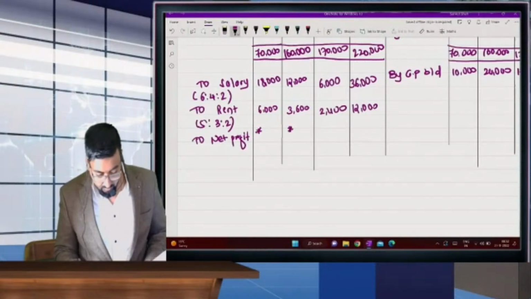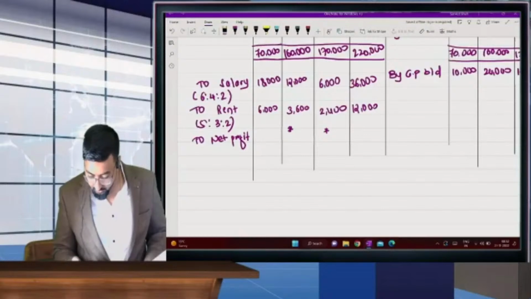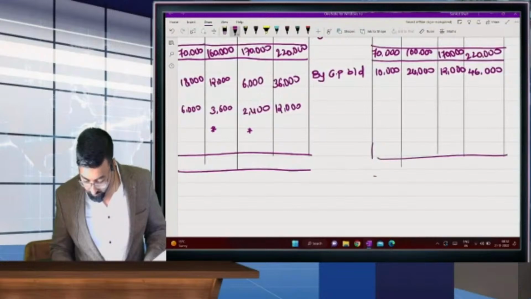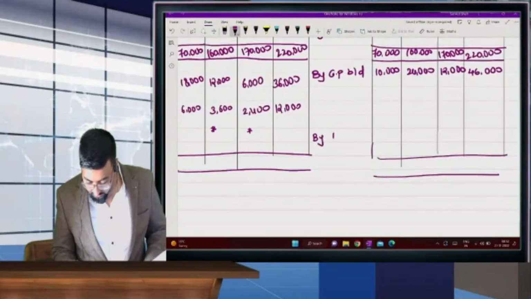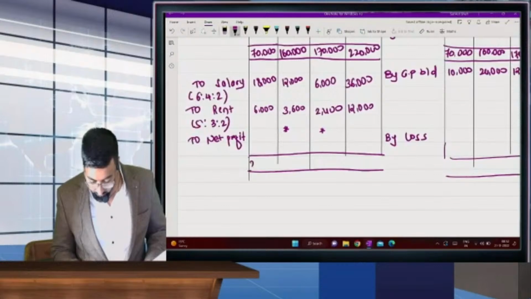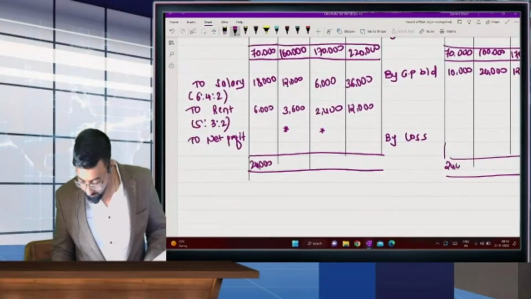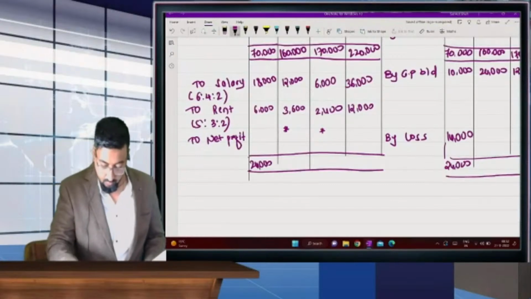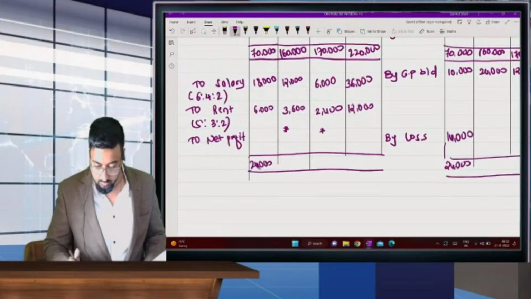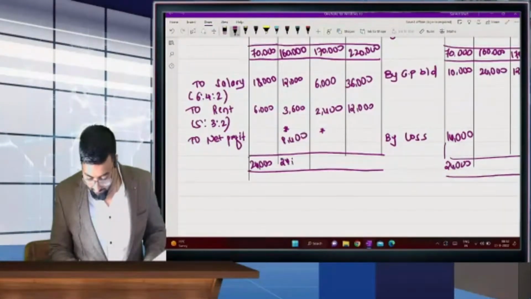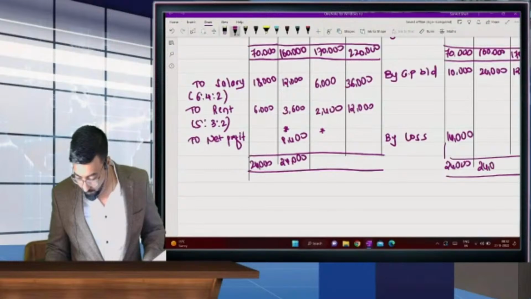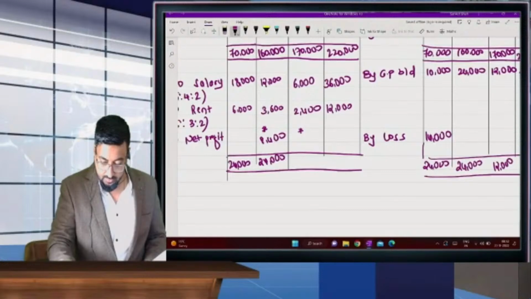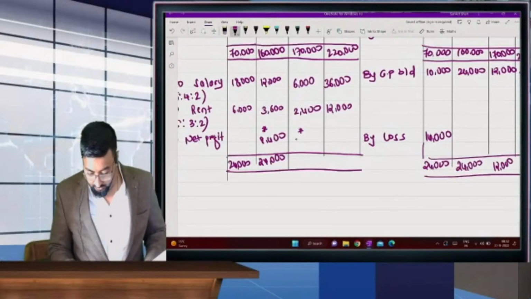To net profit, it's a balancing figure. I think the first one is in loss. By loss, 14,000. Second one, 8,400. 12 minus 6 minus 2.4, 3,600.